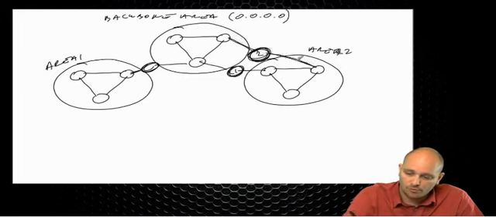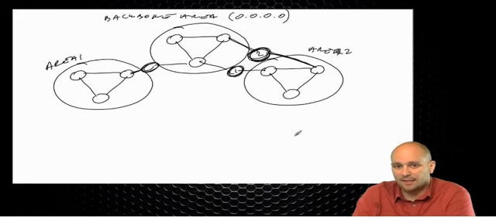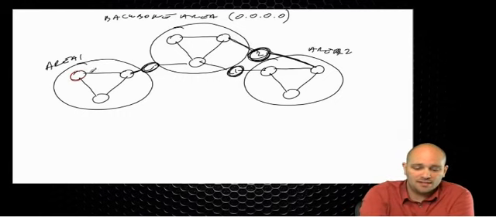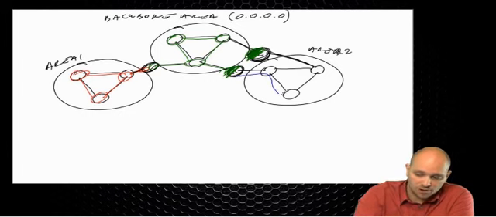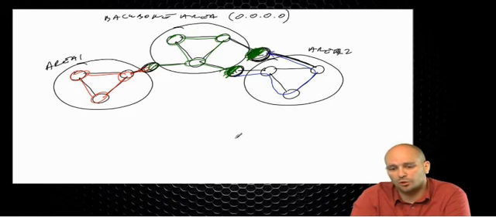So now, what we have here is a potential for a loop. We had this internal information that was now injected into this area here. And eventually, both border 1 and border 2 in their databases are going to learn this information. So now, let's say that border 1 injects this information, and this information now reaches border 2.